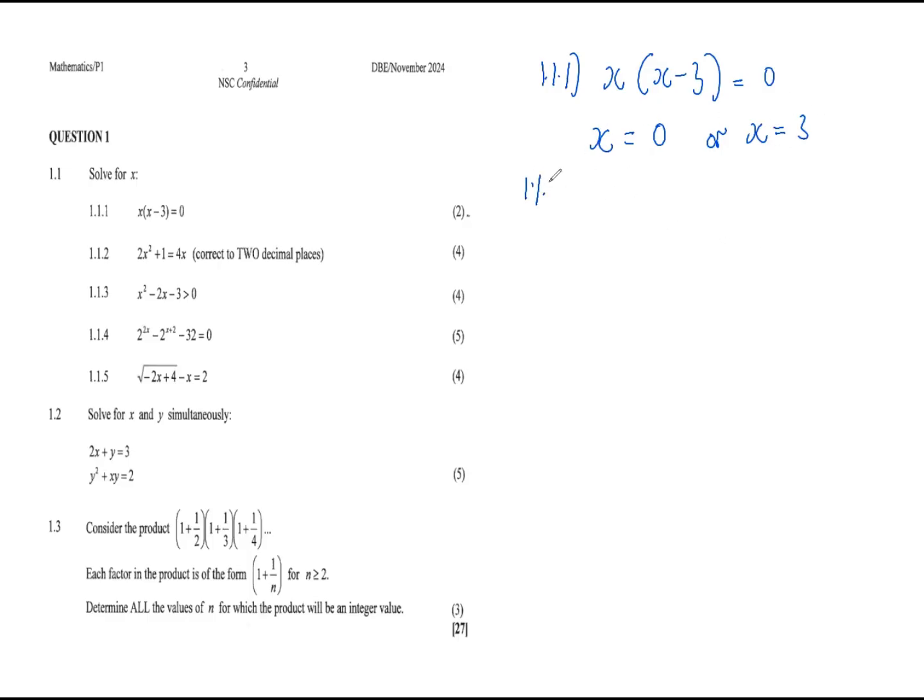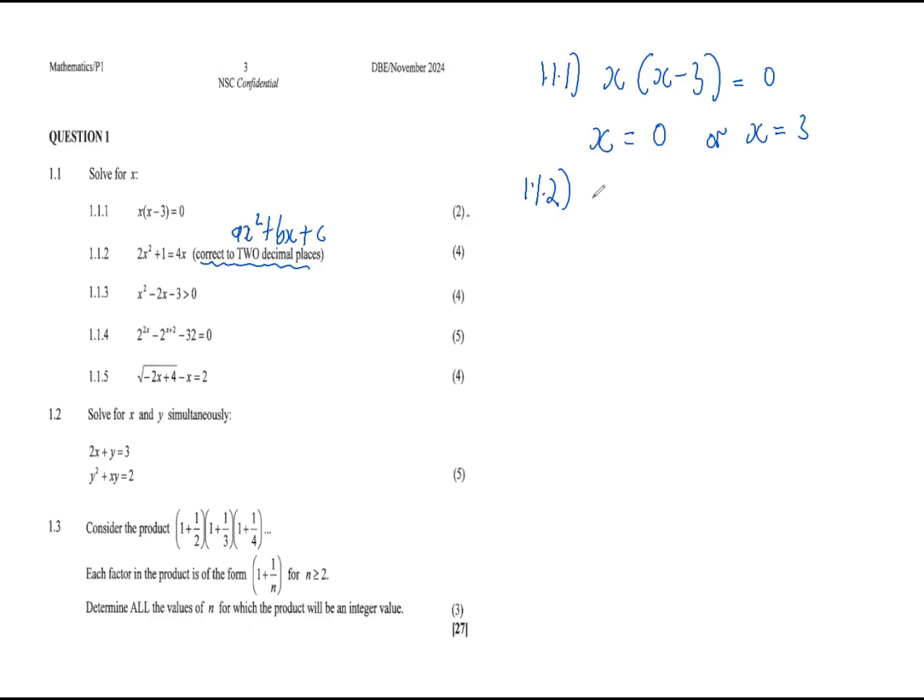Now for 1.1.2, we have 2x squared plus 1 equals 4x, and a statement that says correct to 2 decimal places. Whenever you have that statement, it simply means you have to apply your quadratic formula. But before you can apply it, you need to first rearrange into standard form, ax squared plus bx plus c, so that you can visibly see your values of a, b, and c.